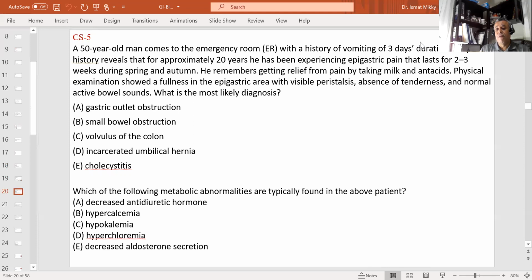The physical exam revealed fullness in the epigastric area with visible peristalsis. So the most likely diagnosis for this patient would be gastric outlet obstruction.